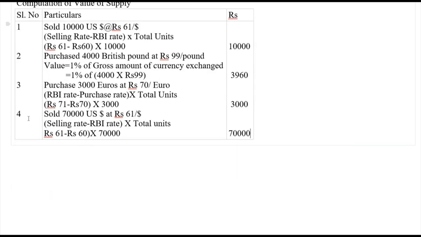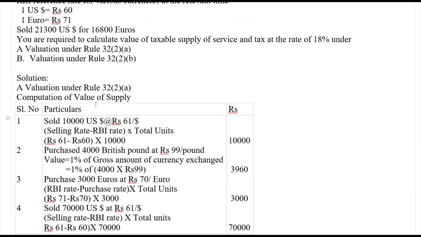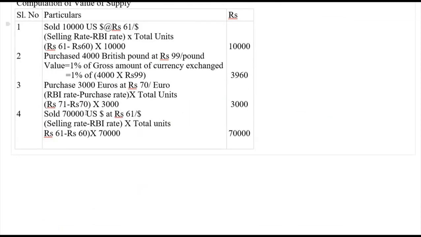Then the next one. When you look at the last one here, there is no involvement of Indian currency, which we should notice. Now sold 21,300 US dollars for 16,800 euros.